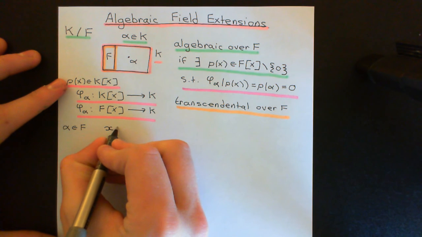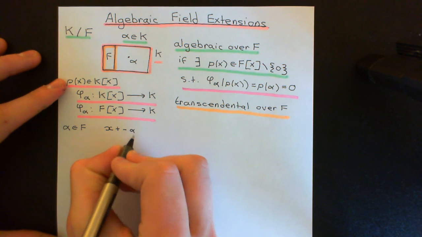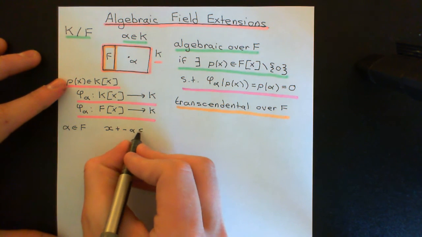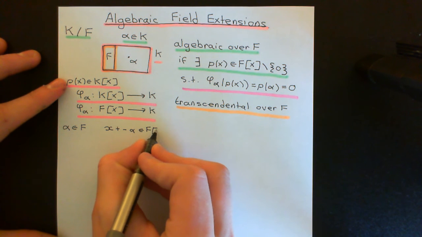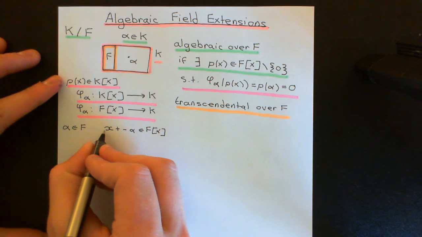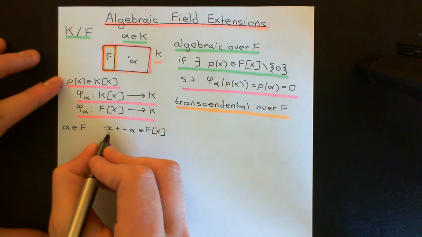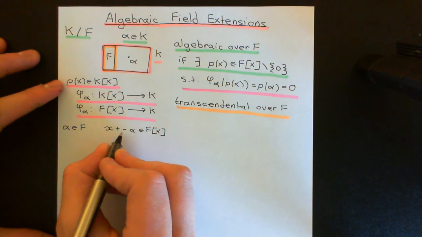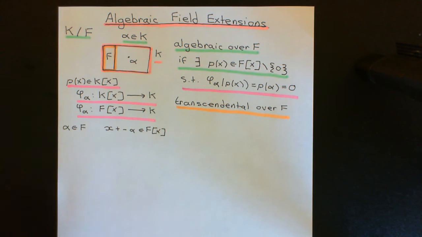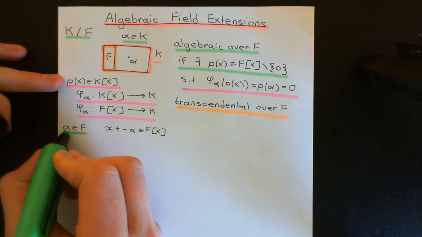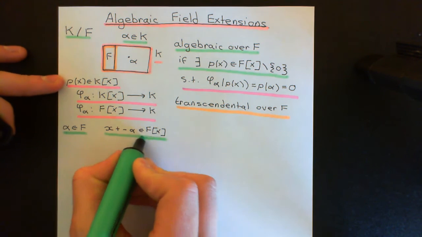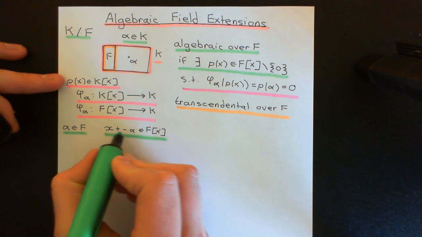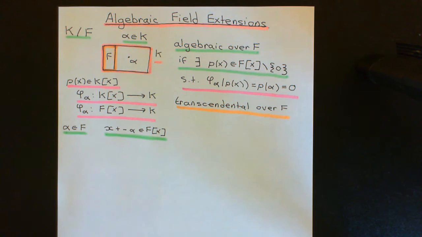Take the polynomial x plus the additive inverse of alpha. That is certainly a polynomial in the ring of polynomials over the field capital F, because the coefficient in front of the x to the power of 1 term is just 1, and the constant coefficient is just the additive inverse of alpha. If alpha is an element of the field capital F, then negative alpha will also be an element of the field capital F. So both of these coefficients are in the field capital F. Now when you evaluate this polynomial at alpha, you just stick in alpha for x.